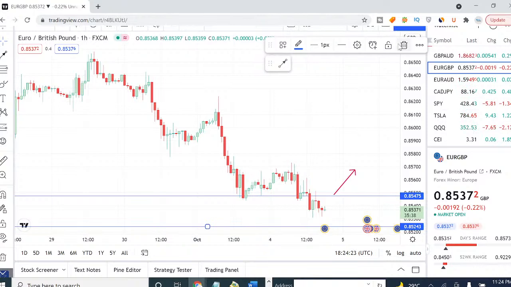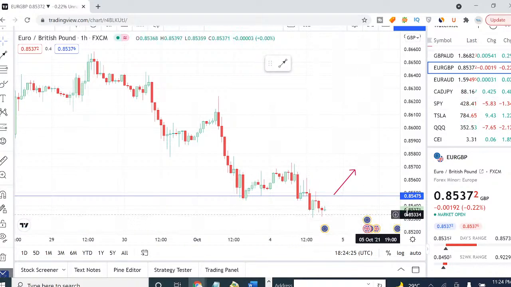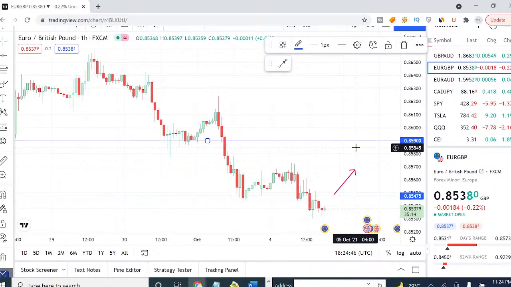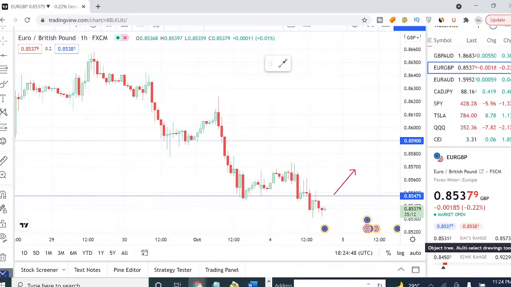Okay, so I'm going to delete the previous line. If it breaks 0.85475, then I'm looking at things to be very bullish on Euro Great Britain pound. The price can break this area very nicely and flow up to here, and maybe it's going to test this point, 0.85900.